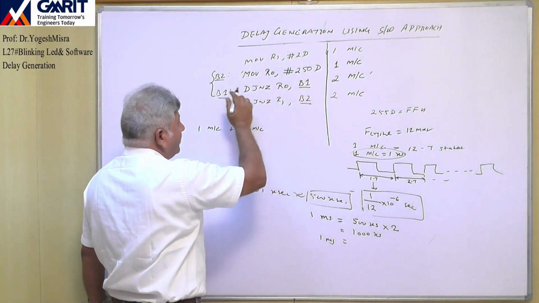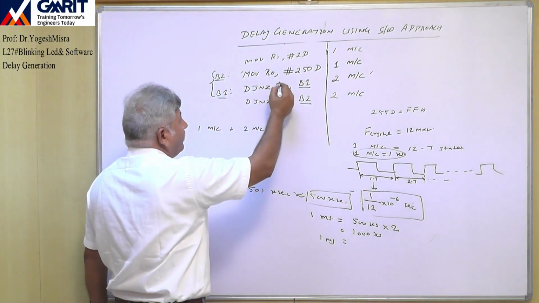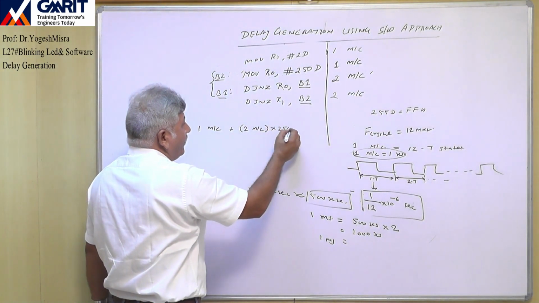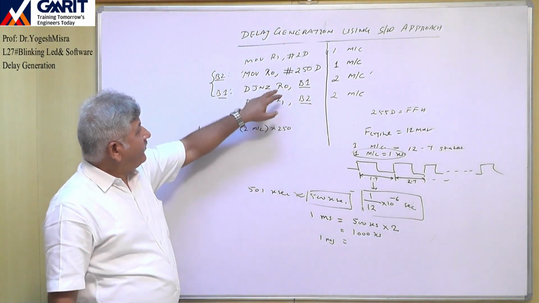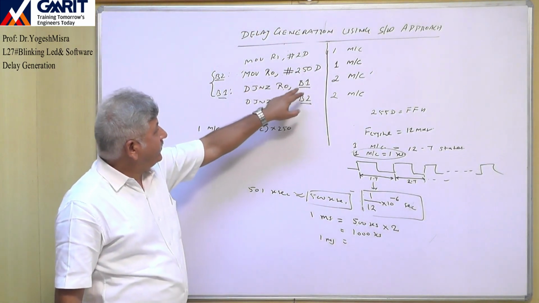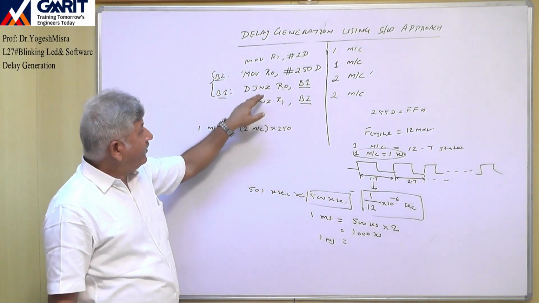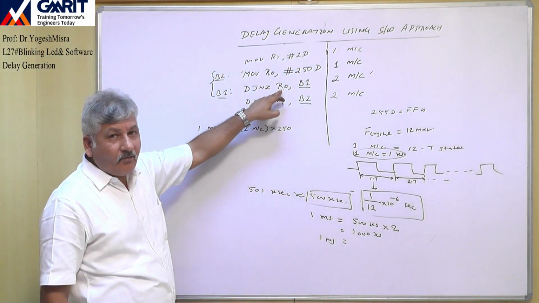But this instruction is executing 250 times because in R0 we have 250, so we multiply by 250. You just see what happened. This instruction will be executed 250 times. After 250 executions, the value of R0 will become 0.